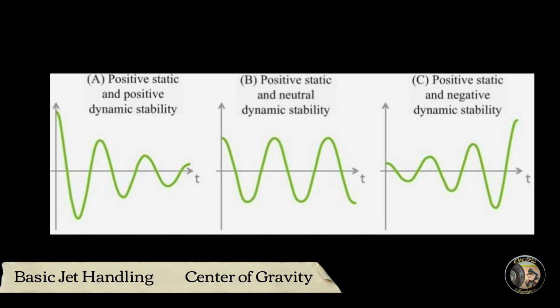Now, the further aft that we load the aircraft's center of gravity, the conditions tend to progressively move from A, positive static and positive dynamic stability, to B, neutral, and then to C, negative.